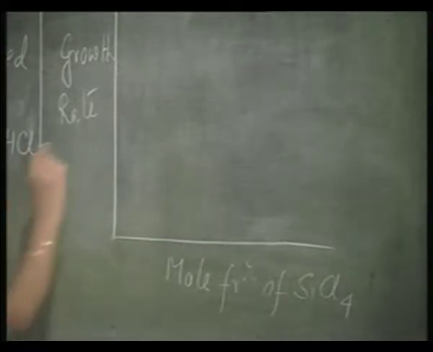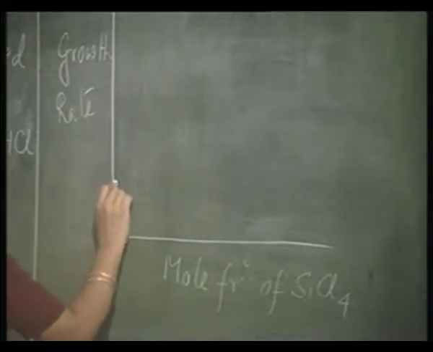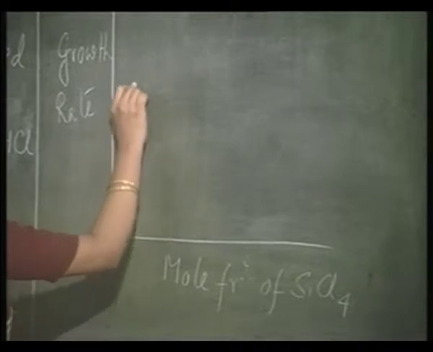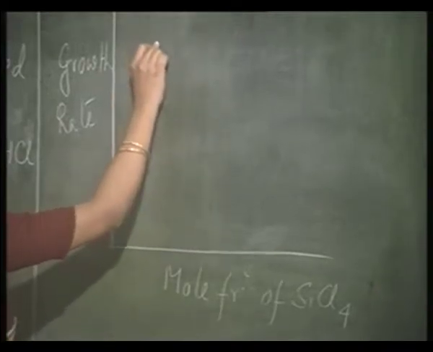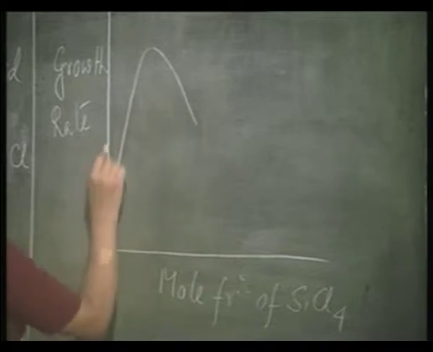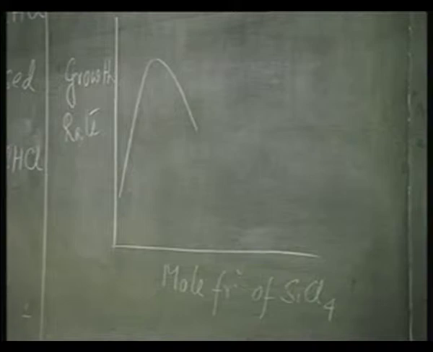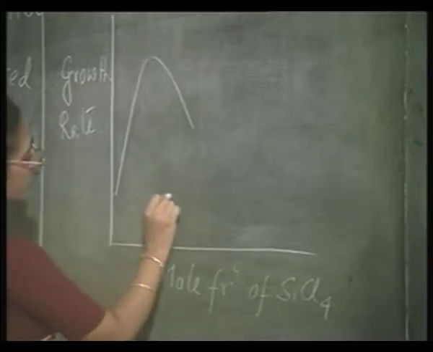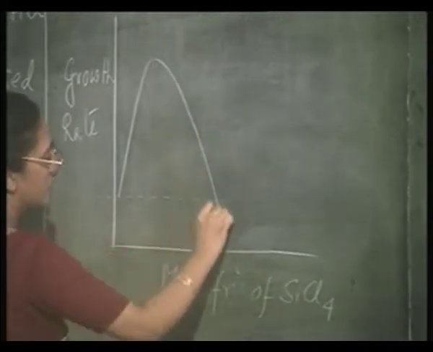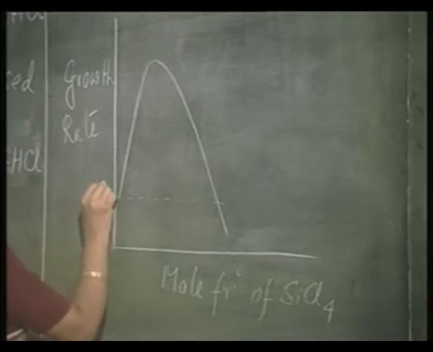It starts and then it decreases, and finally it crosses, this is the 0 point.